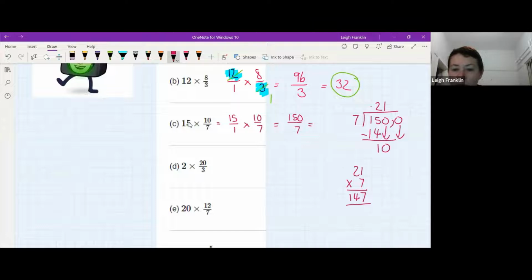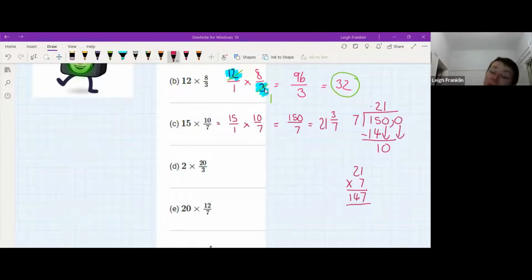Yeah. All right. So that means that 7 would go into 150 21 times with a remainder of 3 over 7. Does that make sense now? Yes, ma'am, it makes more sense.